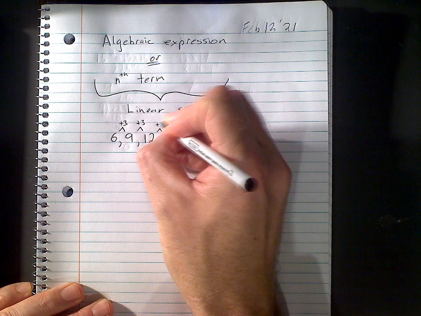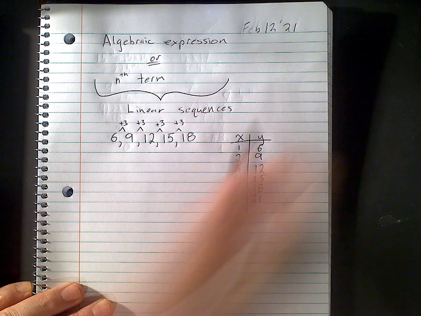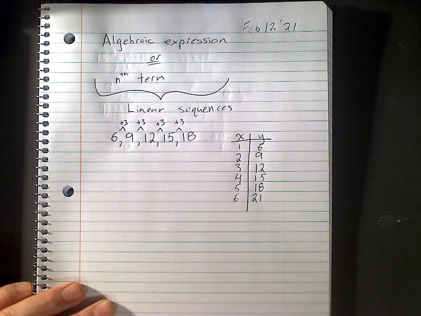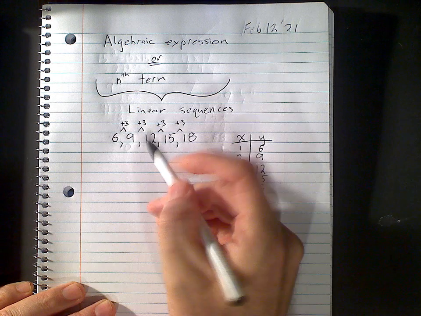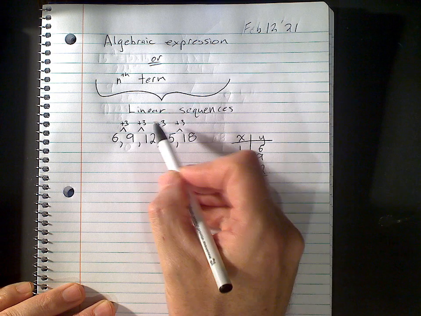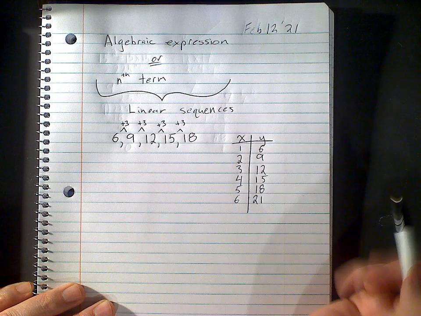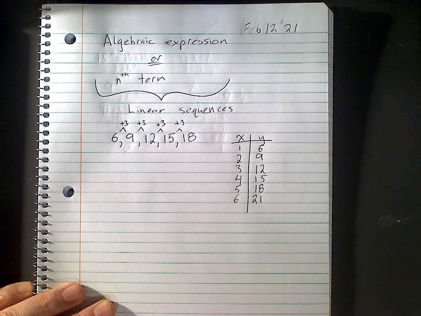Otherwise, it wouldn't be linear. Non-linear. Geometric. So it goes up by 3 every time. I know that everyone out there in YouTube land and in this class can do 9 minus 6 and find 3. Or 12 minus 9 and find 3. Or 15 minus 12 and find 3.